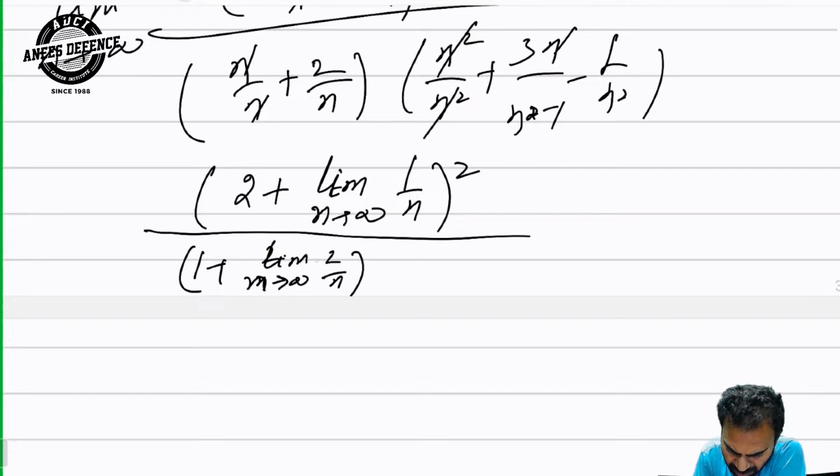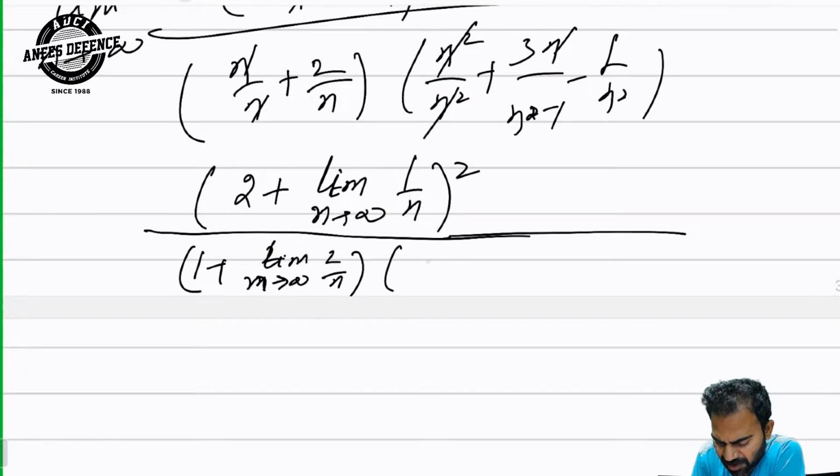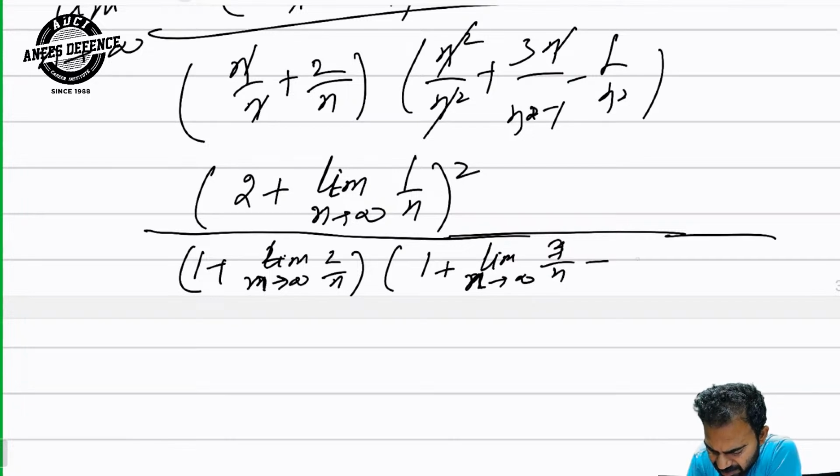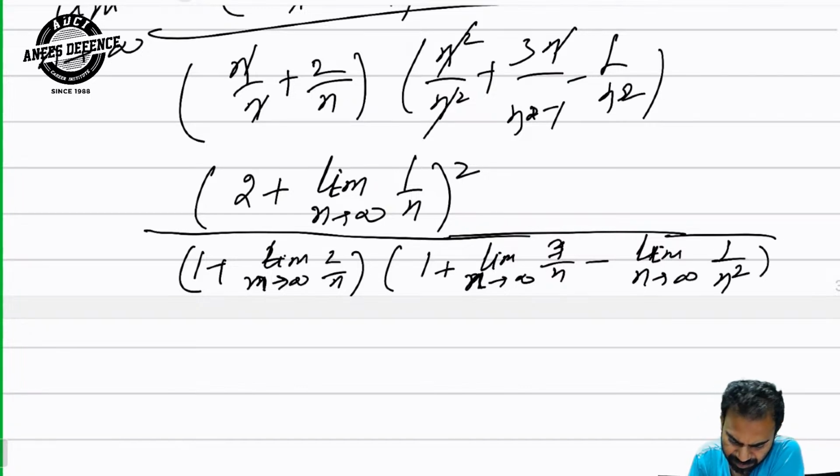Here n square upon n square is 1. Limit n tends to infinity 3 upon n, minus limit n tends to infinity 1 upon n square. Any problem?